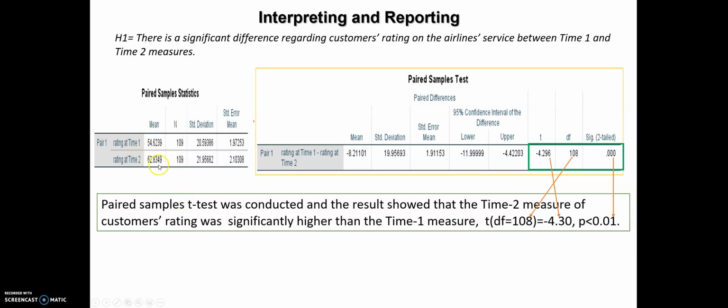This difference is significant because my p-value is clearly lower than my alpha level, which is 0.05. Even my sig value, p-value, is lower than 0.01, which means a 99 percent confidence level.